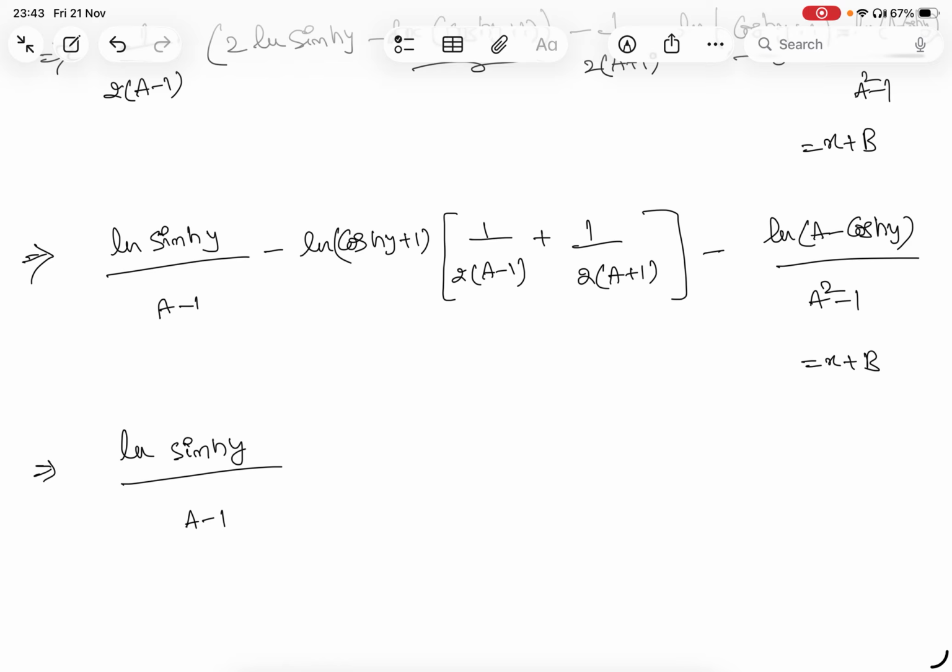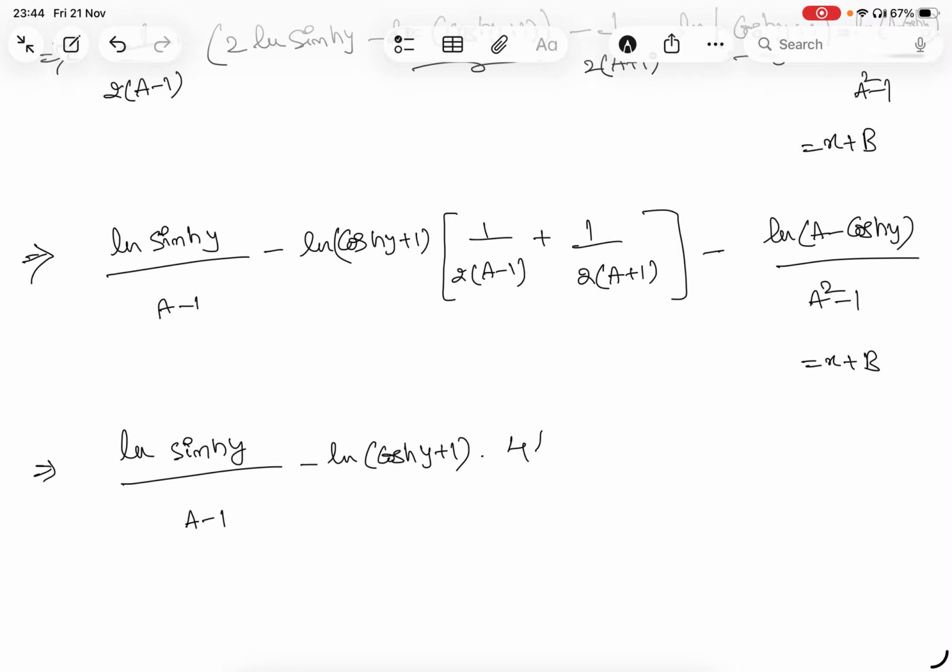This will be minus ln of cos hy plus 1 into, this will become 2a plus 1 plus 2a minus 1, plus 2 minus 2 will get cancelled, and you are left with 4a, right?